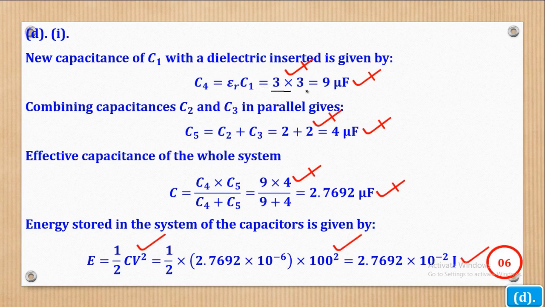So half a mark for substitution, half a mark for output, half a mark for substitution, half a mark for output, half a mark for substitution, half a mark for output, full mark for formula, full mark for substitution, full mark for output.